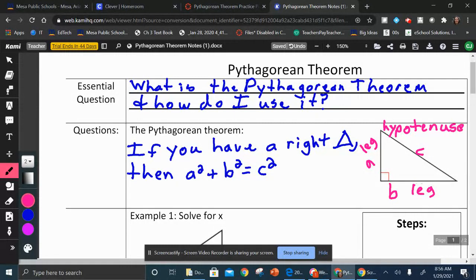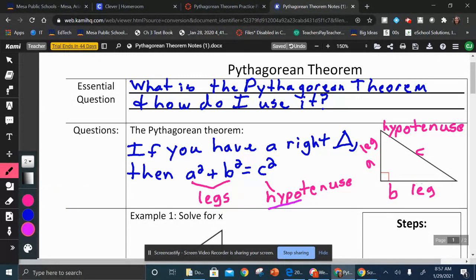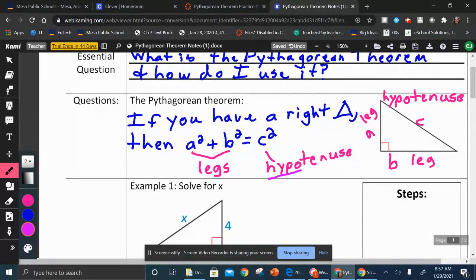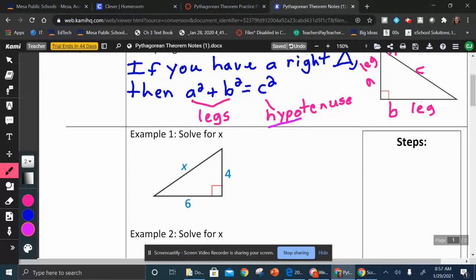It sounds like hippopotamus to me, but anyways, so A and B are the legs, and C is the hypotenuse. And everybody, for abbreviations, you'll see me do HYPO, or sometimes even just a capital H for hypotenuse. Okay, so that's what we're going to be working with.